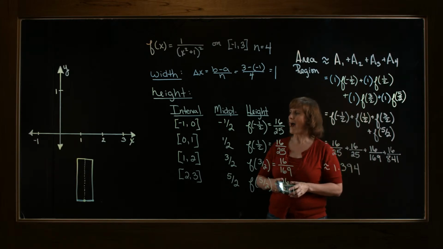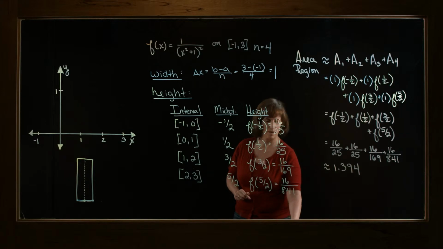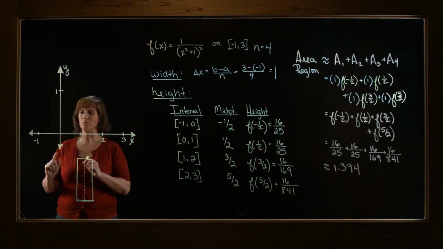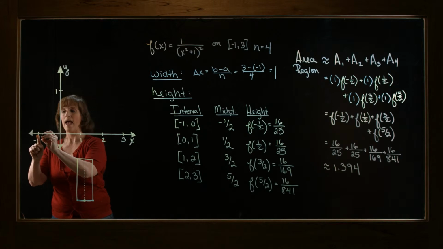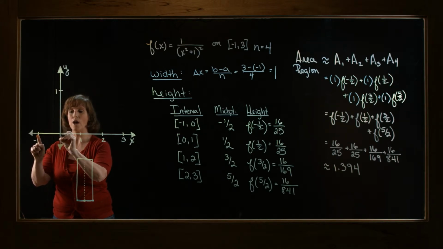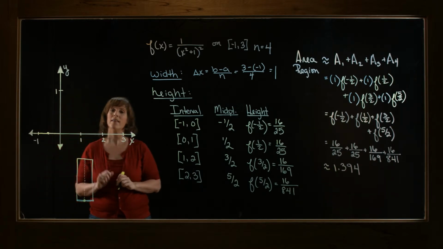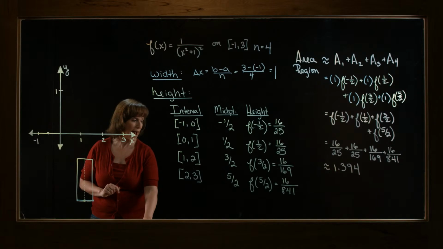Well, let's go back and see how this relates to my picture. When I started this process, I wanted to look at the first rectangle, and it would have a width of 1. I'm going to use the midpoint to calculate the height of that first rectangle, and that midpoint happened at -1/2.